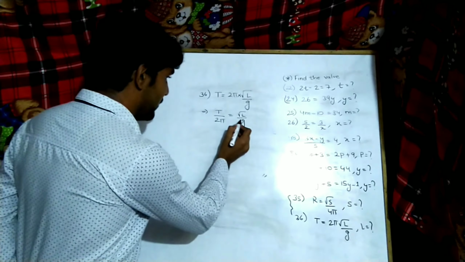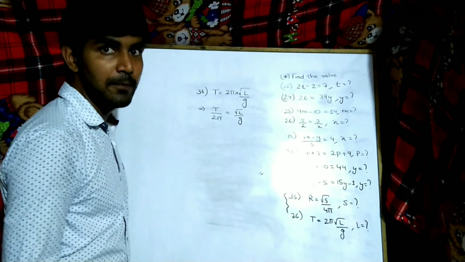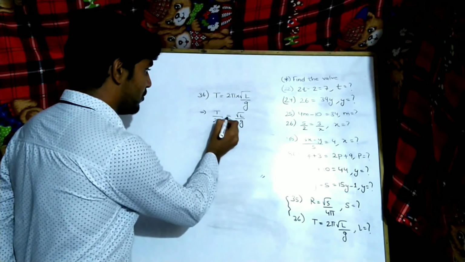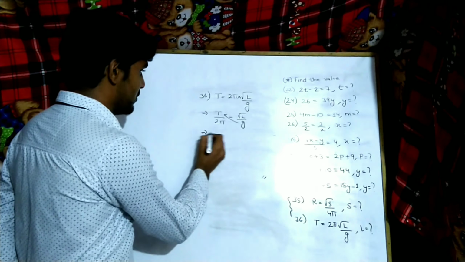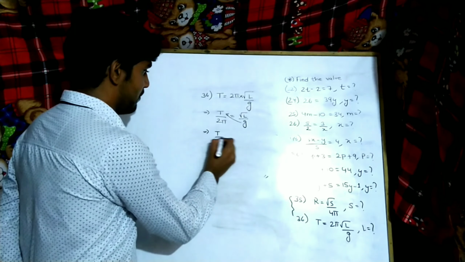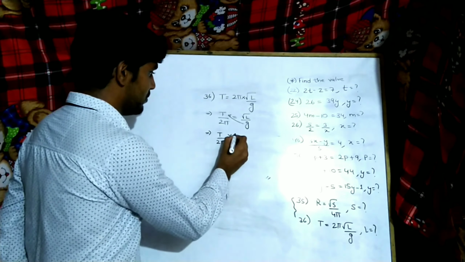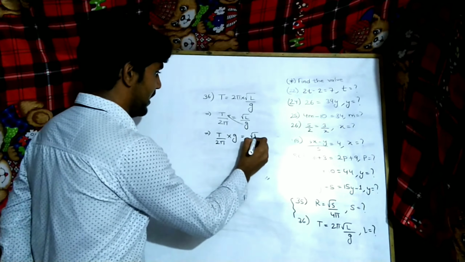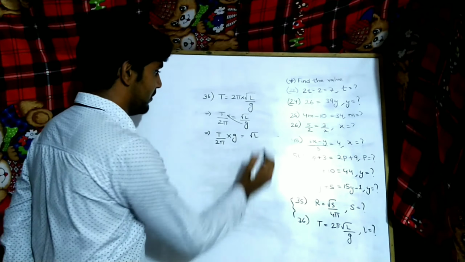Now this division part goes that side becomes multiplication. So T by 2 pi into G is equal to root L. Okay. Now can I write Tg by 2 pi is equal to root L?